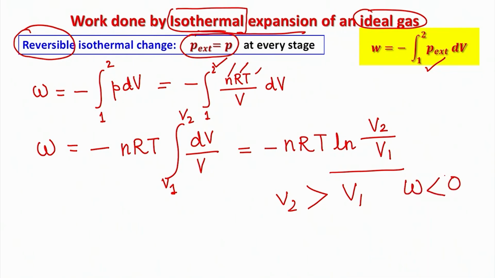That is, work is being done by the system at the expense of its own internal energy. If V2 is less than V1, then W is greater than 0. So this way you can analyze this particular relationship that you have derived for a reversible isothermal expansion of an ideal gas.